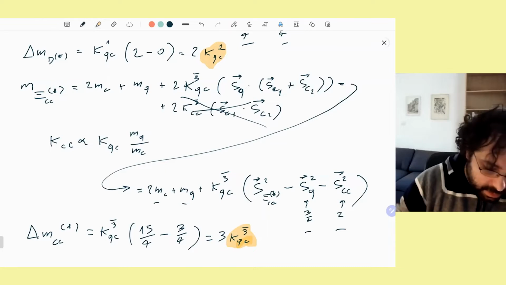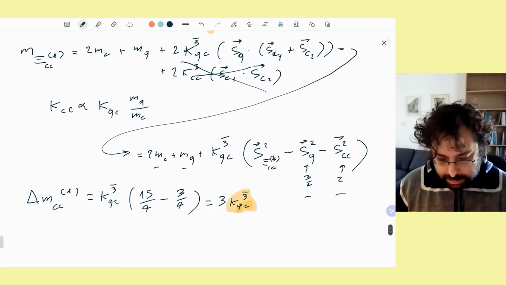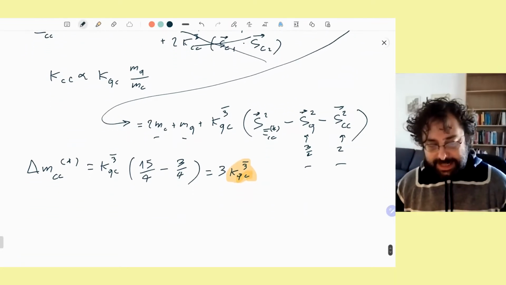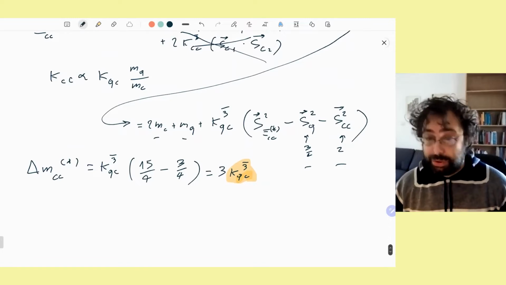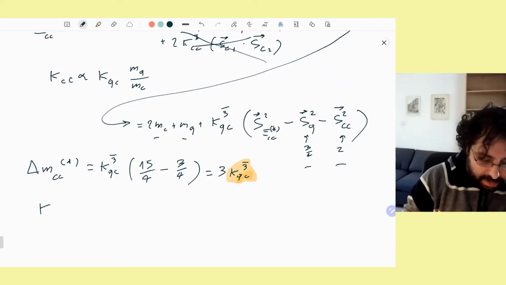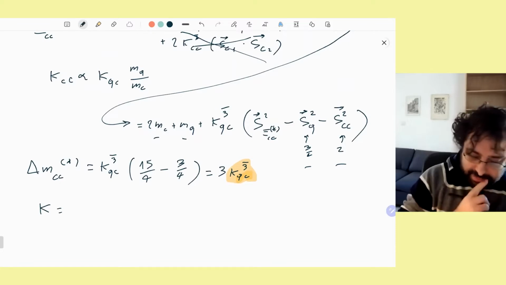But what we calculated on Tuesday is that another contribution to these chromomagnetic couplings is related to the Casimir.